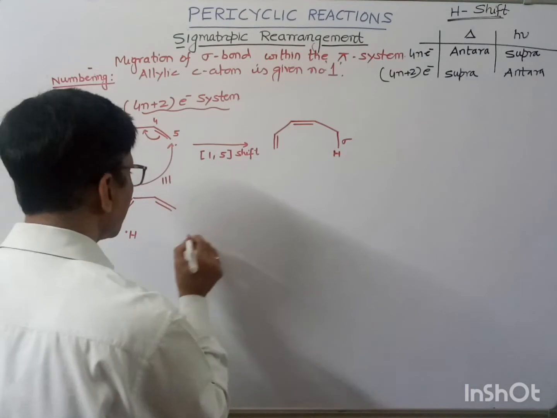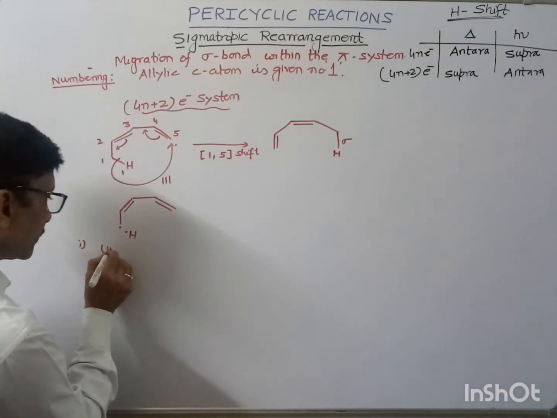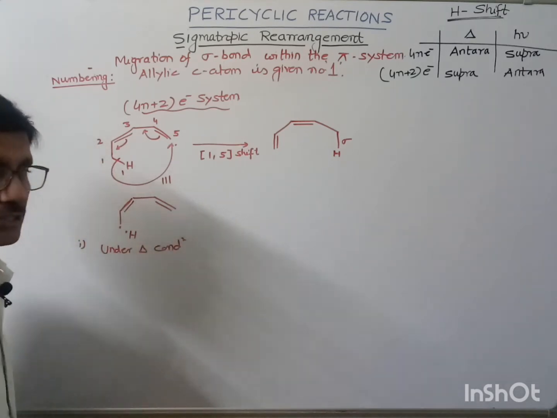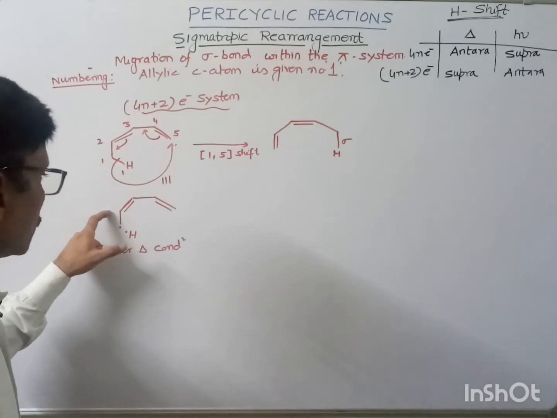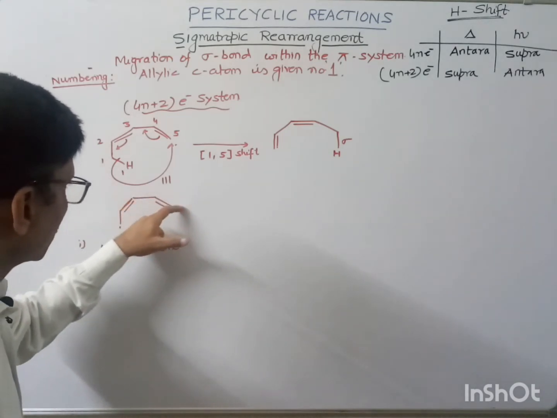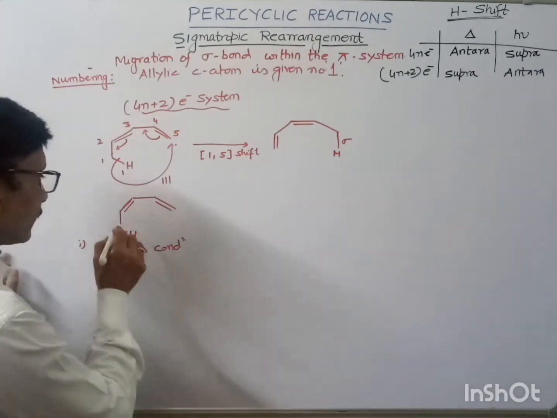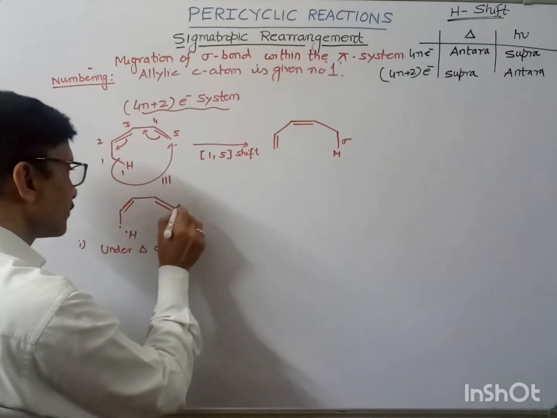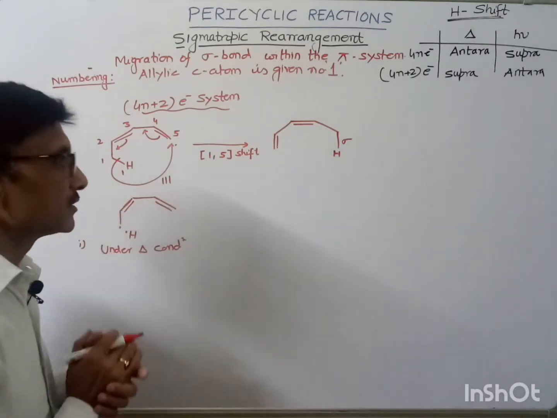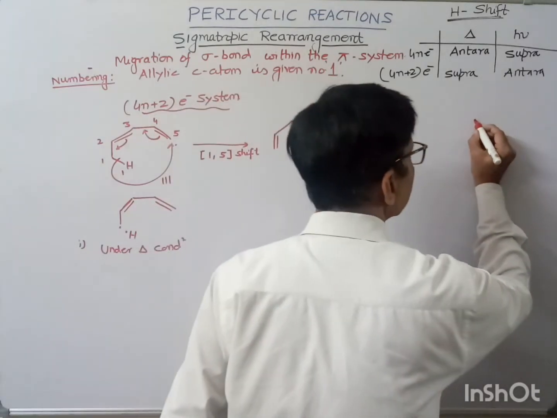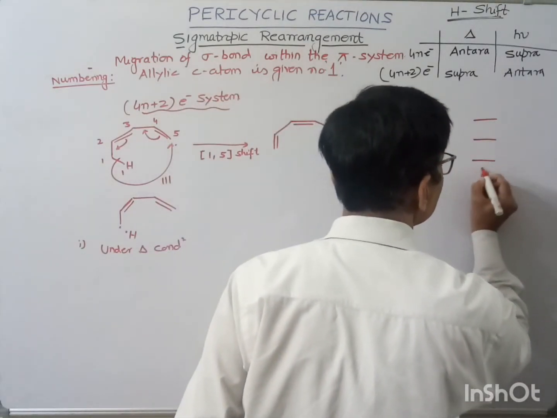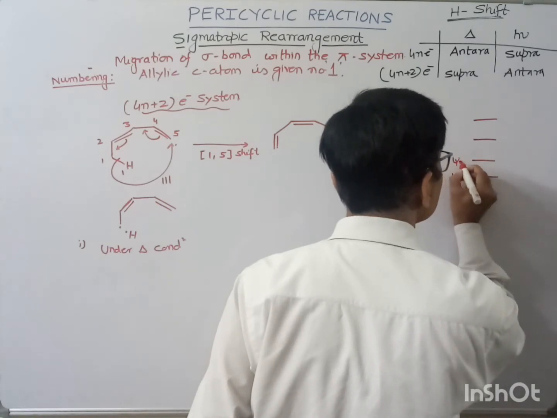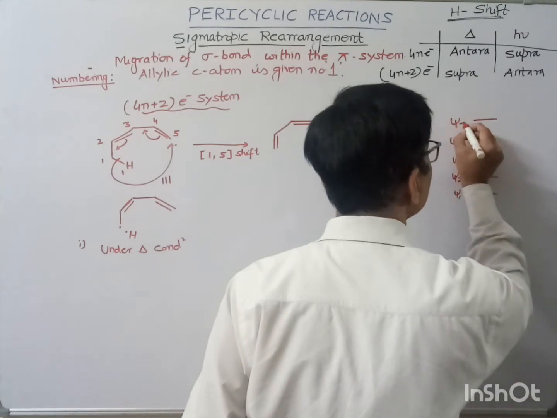Now under thermal condition, let us see first. This is our two parts: one is the allylic part and the other is the migrating part. This allylic part is the pentadienyl system. For pentadienyl we have 5 molecular orbitals: psi1, psi2, psi3, psi4 and psi5.